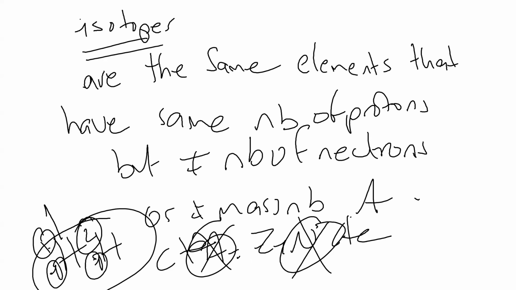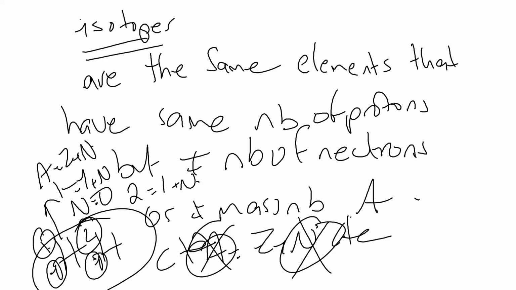This one has A equals Z plus N, 1 equals 1 plus N, so N equals 0. And this one will be N equals 1, so a different number of neutrons.